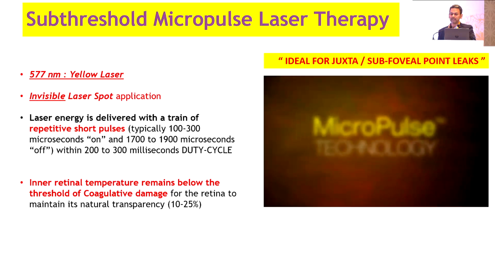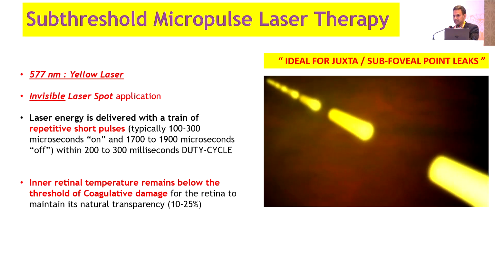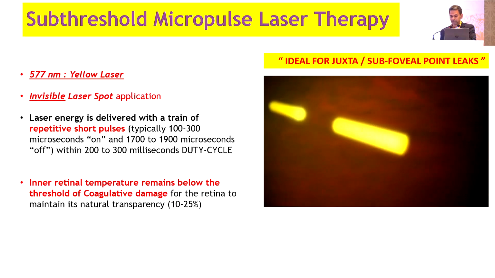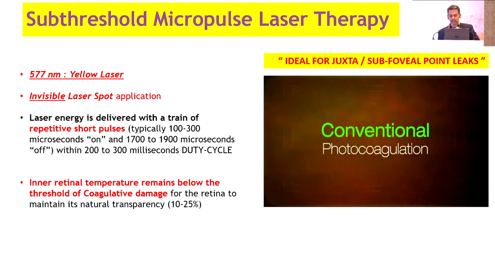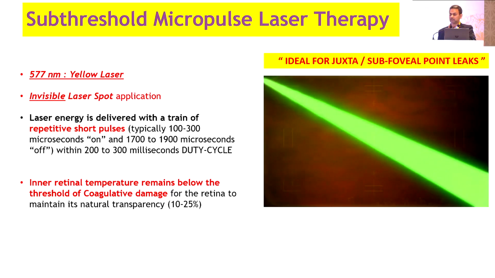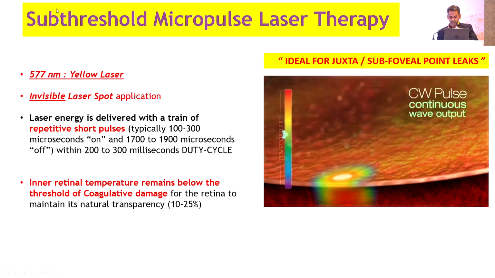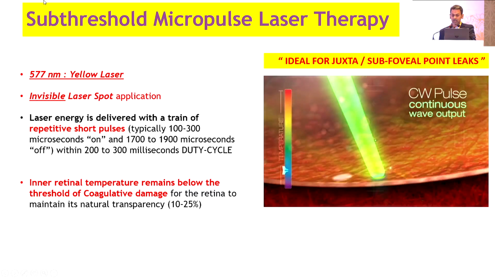But when it happens in the subfoveal or juxtafoveal area, you can't treat these cases with conventional laser, because conventional laser has the problem of collateral damage to the overlying neurosensory retina. So that doesn't happen with these short pulses of laser to stimulate the RPE.